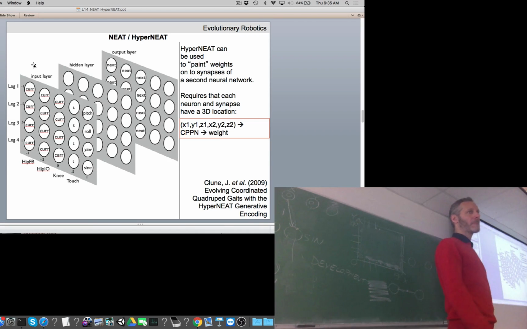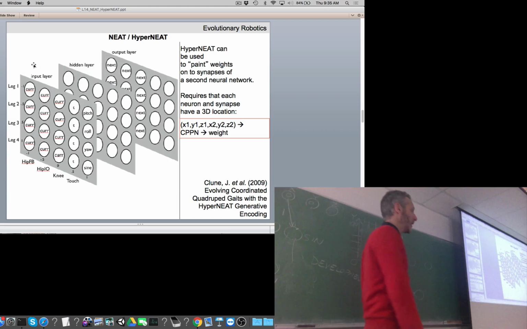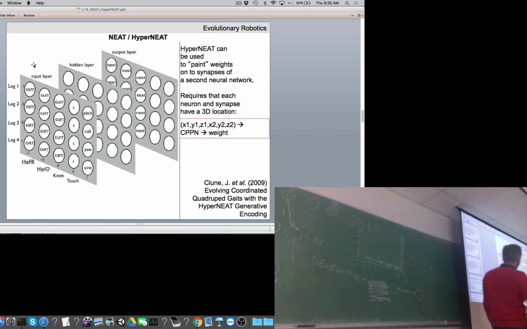One direction and the other direction. Not quite. No, this is the input. Remember that we're always inputting the coordinates of a single synapse. We're trying to paint just one synapse at a time. The coordinates of the two neurons the synapse is connecting. Exactly. So this represents, if we have a synapse that connects neuron 1 to neuron 2, this is the coordinate of neuron 1 and the coordinate of neuron 2.